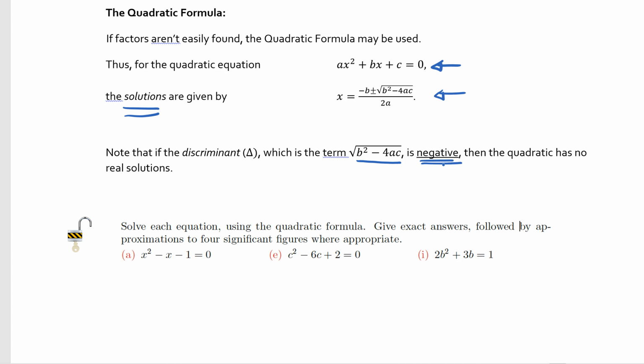So sometimes, before we even worry about solving a quadratic, we check whether it actually has solutions. And later in the course, we'll see what the significance is of a quadratic with no solutions.